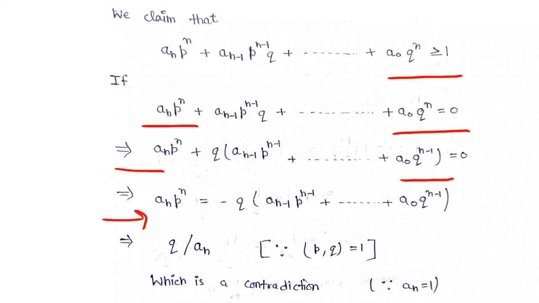This implies that a_n p^n equals minus q into a_(n-1) p^(n-1) plus up to a_0 q^(n-1). This implies q divides a_n p^n, which implies that p and q are not co-prime, a contradiction because a_n is equal to 1.